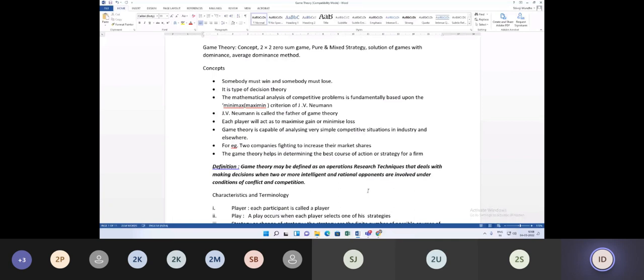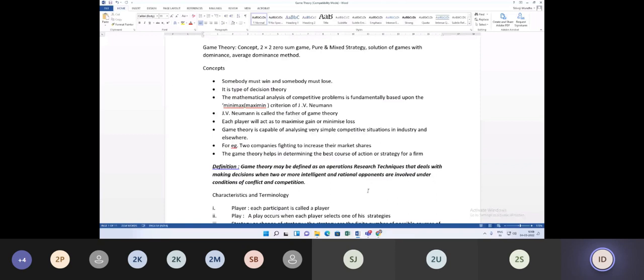Right? Now, one example I quoted last time: there are two companies fighting to increase their market share. How to increase the market share? There are two best courses of action, two best possible methods. Last time we quoted prices: either we reduce the price or we keep the same price.